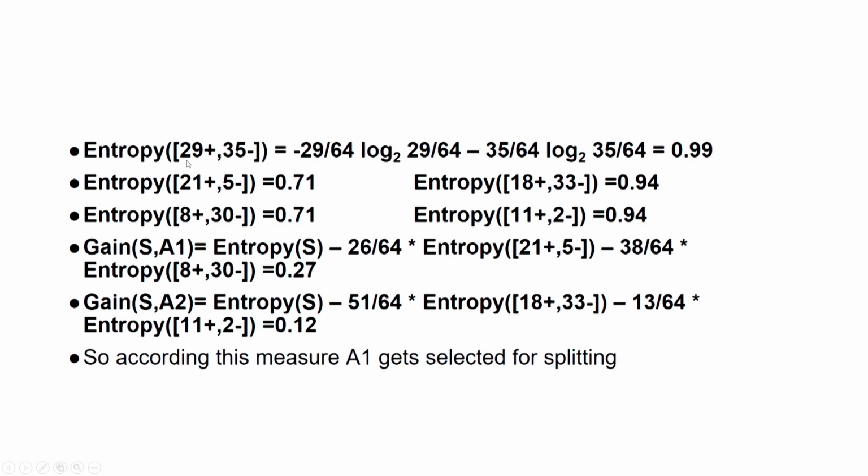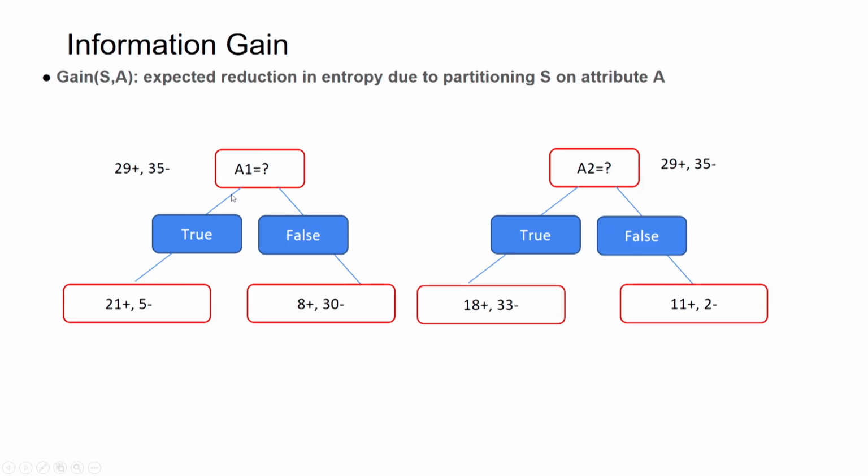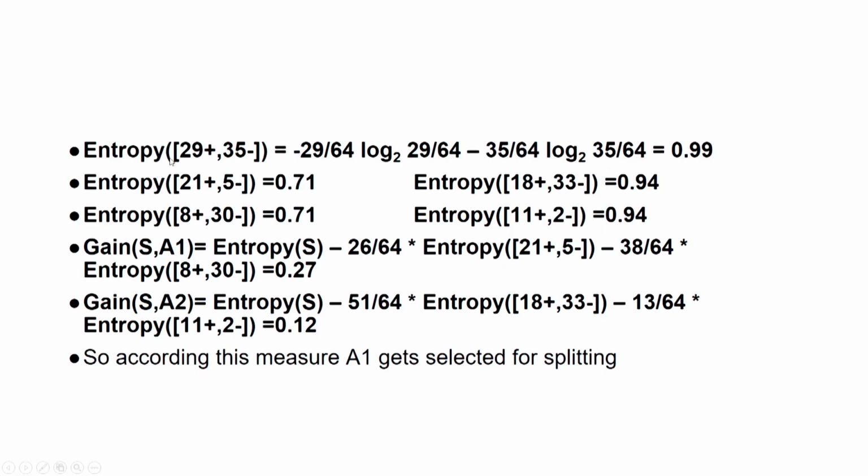So, this is how the entropy for this node is calculated. 29 positive instances are there, 35 negative instances are there, and we have seen the formula for entropy of a node: minus probability of positive instance times log of probability of positive instance, minus probability of negative instance times log of probability of negative instance, with log base 2.